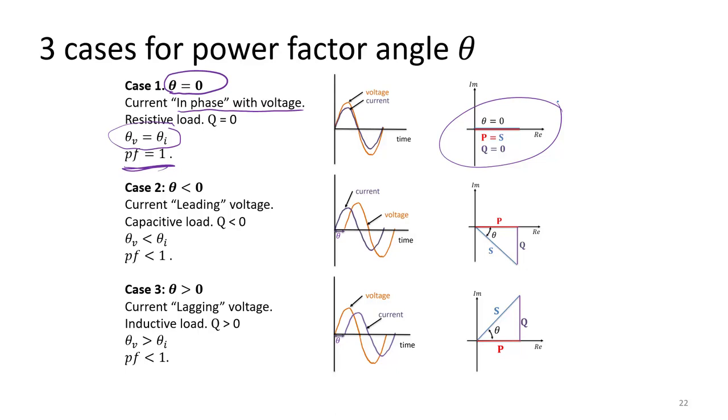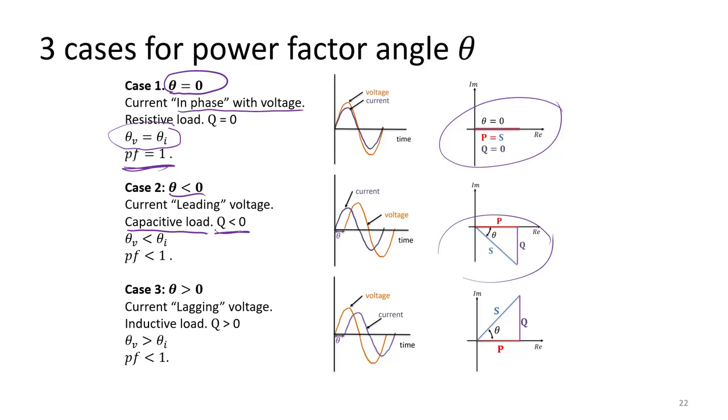Unfortunately, most of the time, we can't always get perfectly ideal power factors. So sometimes we end up in case 2 or case 3. In case 2, our theta value is less than 0.